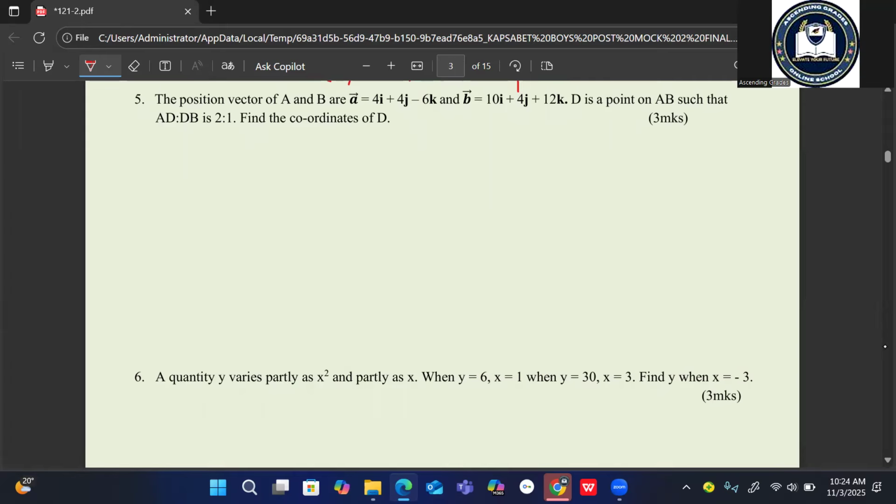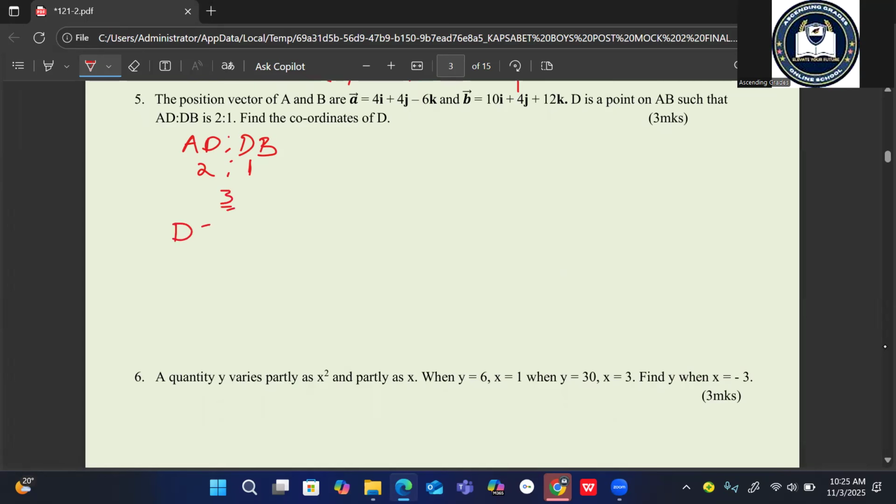So now the coordinates of D, it means that AD is to DB is equal to 2:1. So it means that the whole of it is 3.